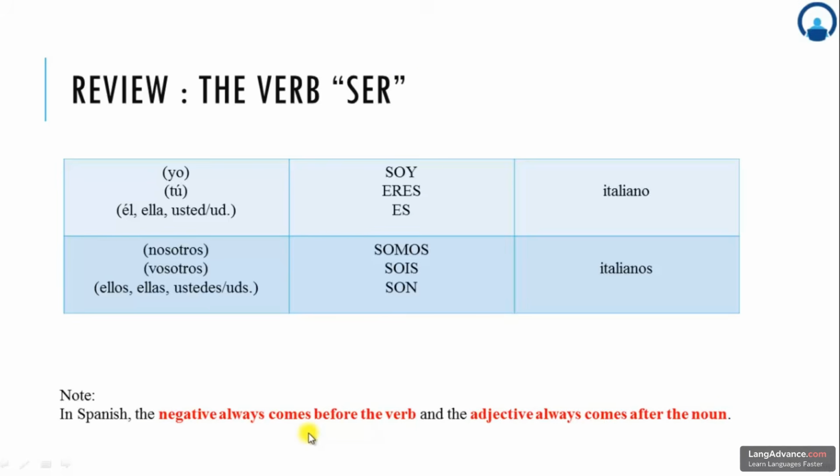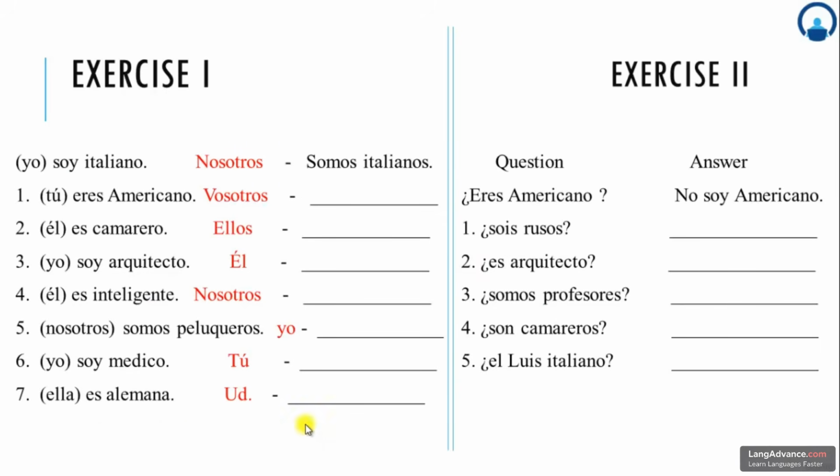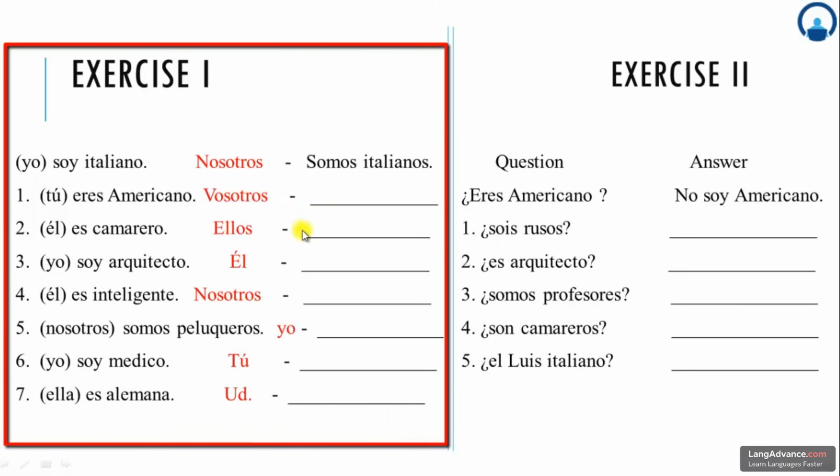Now we'll move on, and here we have two exercises which of course you have to solve. In the first exercise, we have some statements on the left hand side. There are some subject pronouns written in red, and on the right hand side you have to answer them.